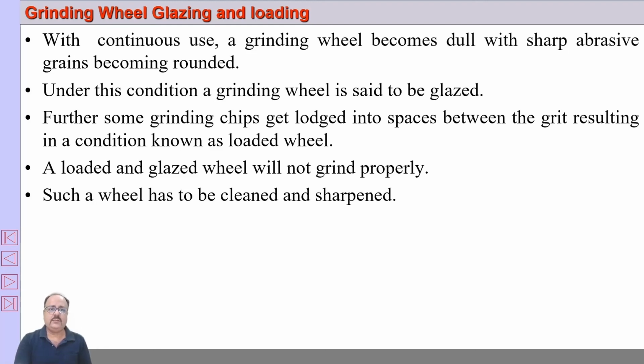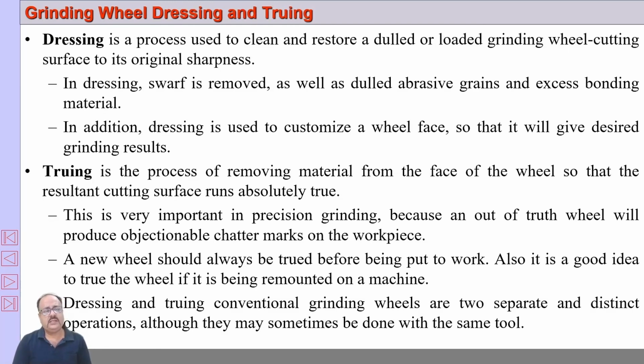So how to overcome that? By a process called dressing. Loading and glazing can be overcome by dressing. In dressing, we use a diamond point tool, and basically we remove a certain volume of material from the grinding wheel so as to remove the worn out abrasives, and new abrasives are released.